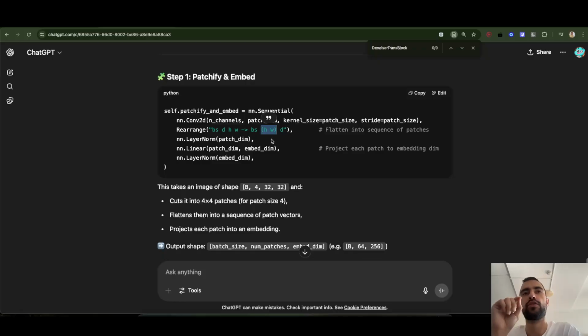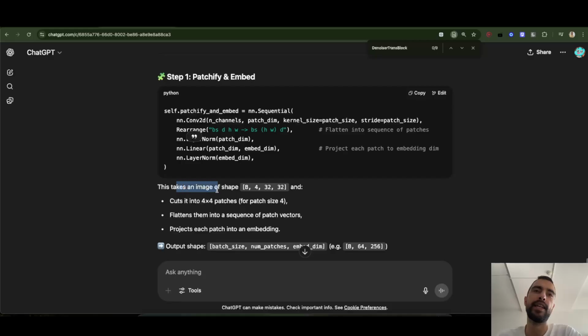Now it's not 2 dimensions, but just 1 dimension flat. Layer normalization, and then linear layer from patch size to embedding dimension, patch dimension. So this will just convert each patch into embedded vector, into feature vector. And then normalization for that embedding dimension. Normalizations are often needed. So this linear will project each patch to embedding dimension.